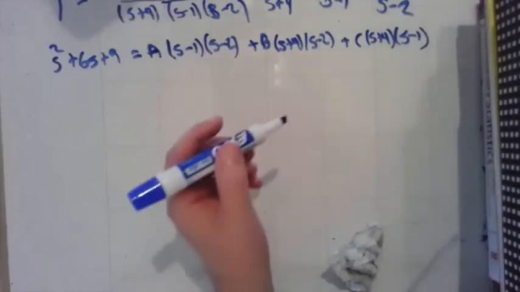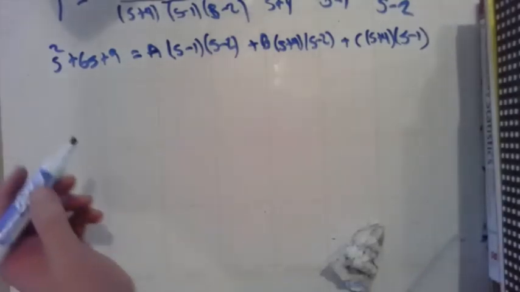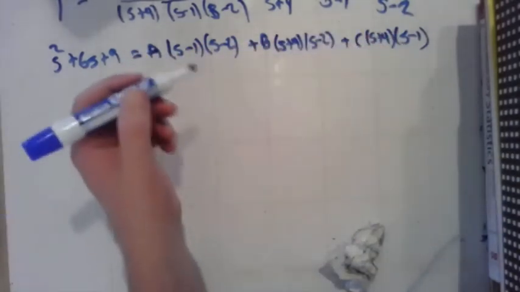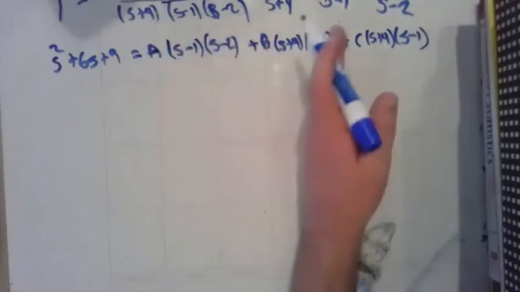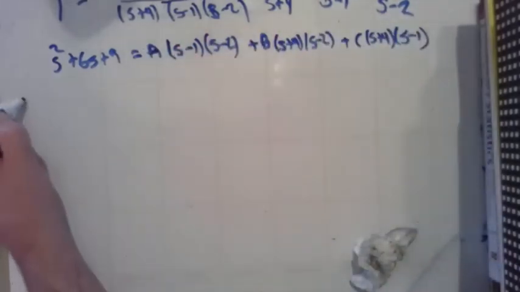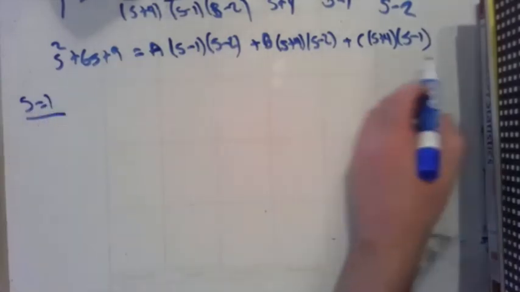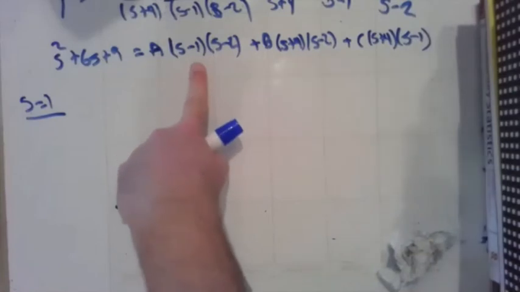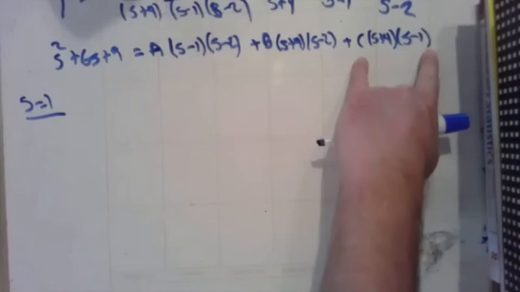Or I could use the cover-up method. That's my preferred method. Plug in strategic values of s to make parts of this cancel out. For example, if I plug in s equals 1 to every s in this equation, I get a 0 here, since 1 minus 1 is 0, and a 0 over here.